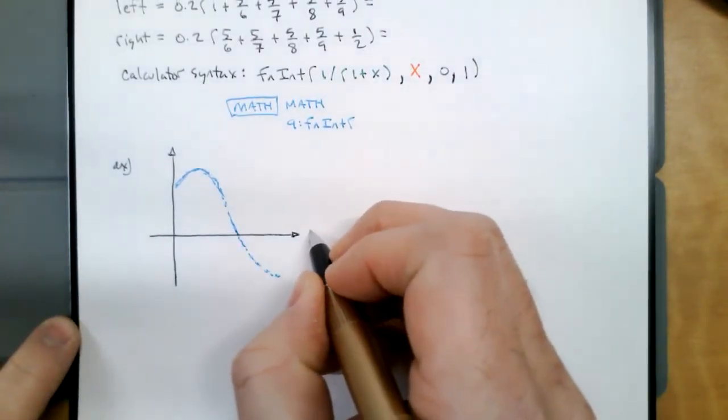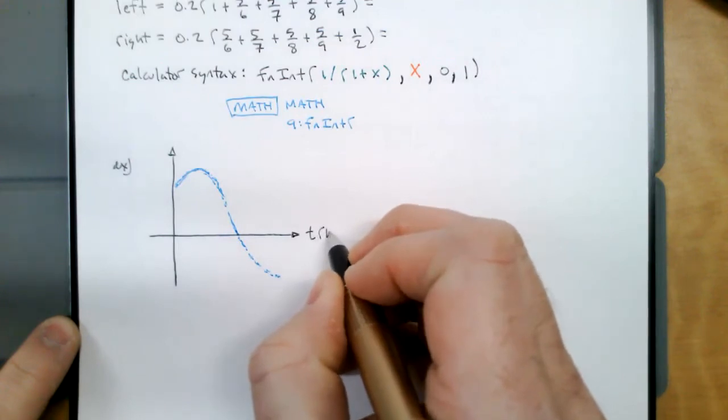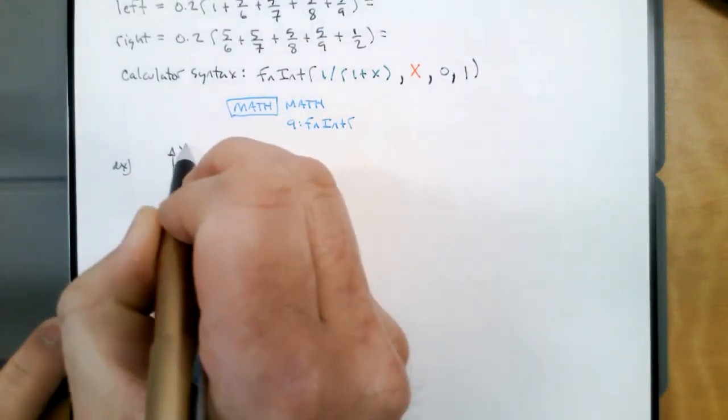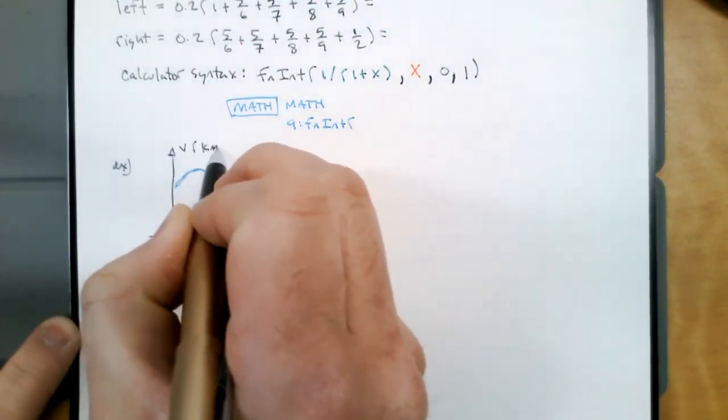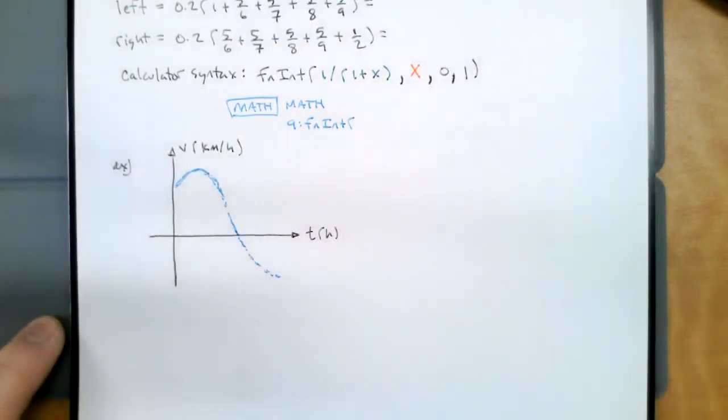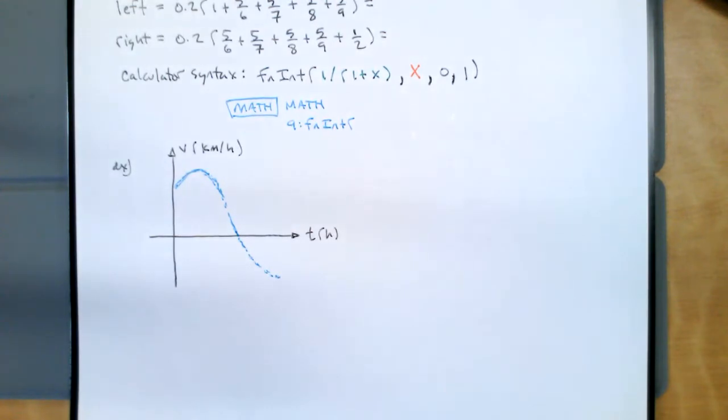Here's time in hours, and here's velocity in kilometers per hour. So this area above the t-axis and under the graph of the velocity is going to be the amount that we drove away from home.